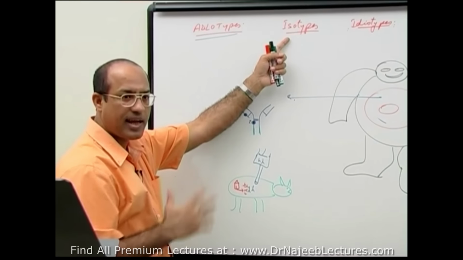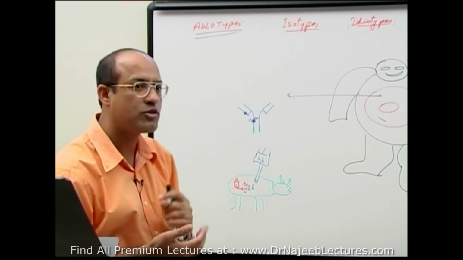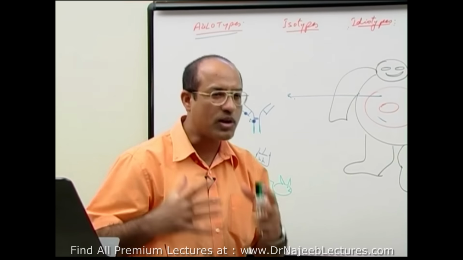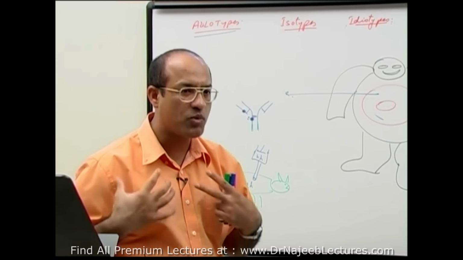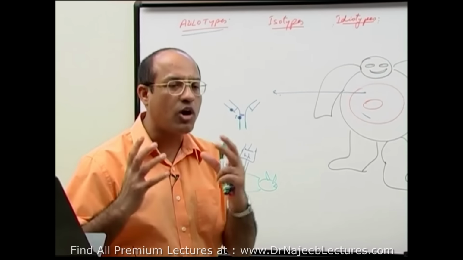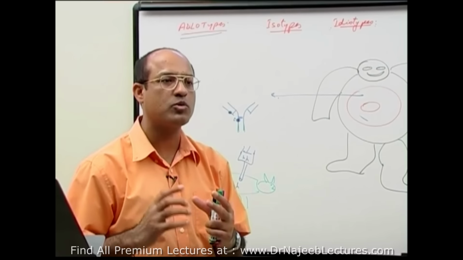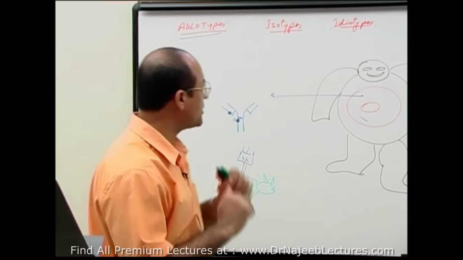How many anti-isotypes? 5. So one person has how many isotypes? 5. And when one person's antibodies are classified according to allotyping, how many allotypes are present? 1. If one person's antibodies are classified according to the isotypes, how many groups are there? 5. Thank God you know it.